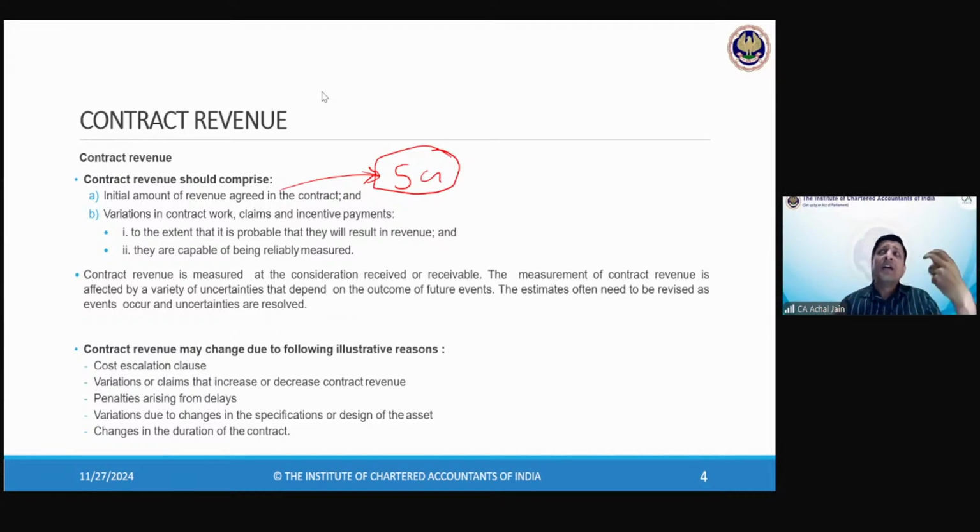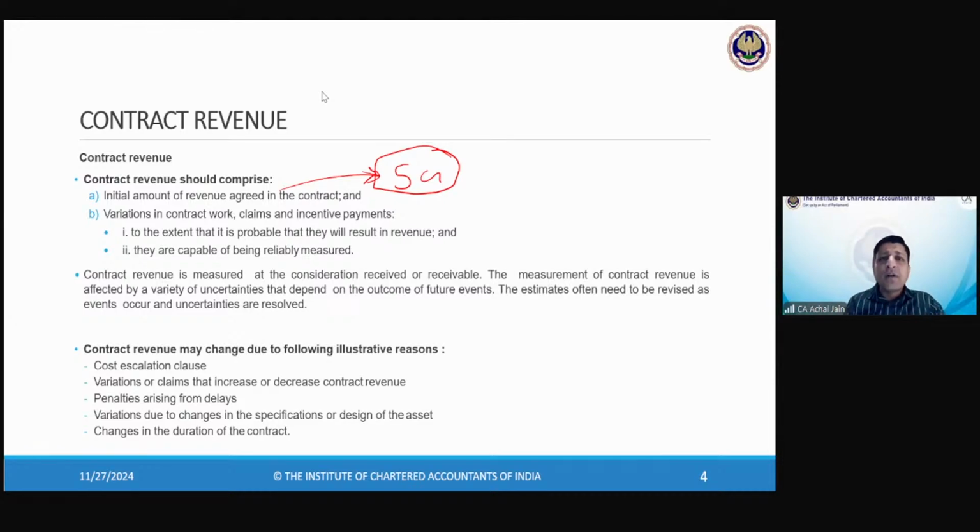See, if two parties have entered into a contract and they have decided the amount, they have agreed the amount, then on that there is no dispute, there's no question mark. Why? Because what is the understanding?